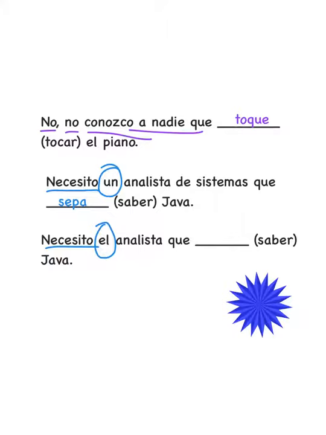This is a definite article. So if I say I need the analyst, that one that I know that he can program in Java, then you're going to use the indicative. Necesito el analista que sabe Java.